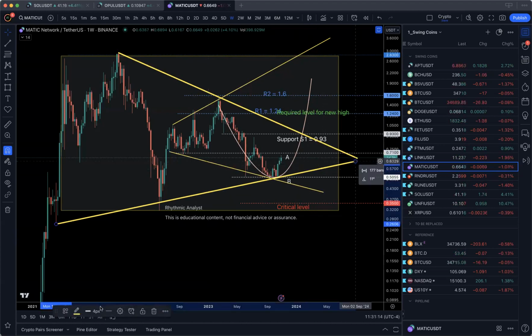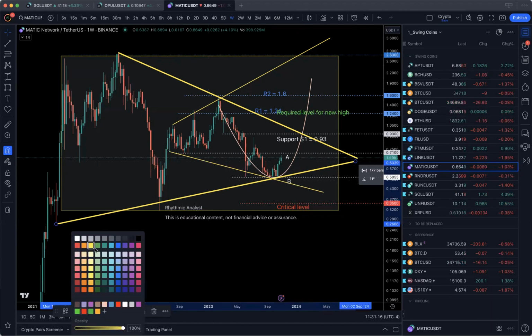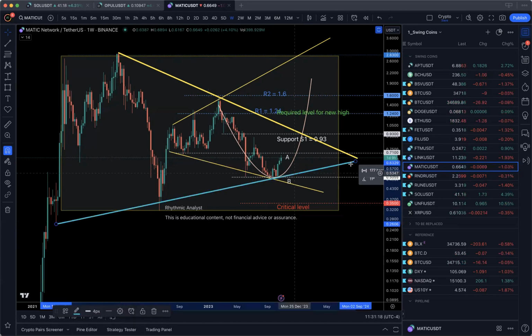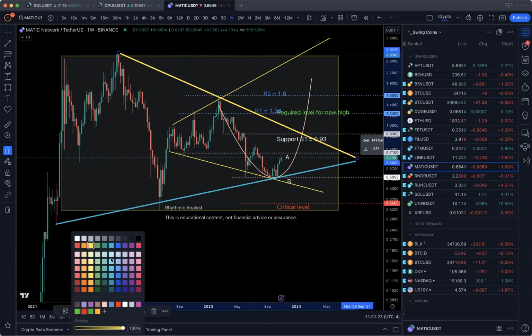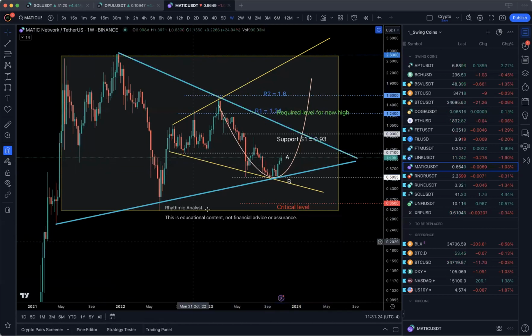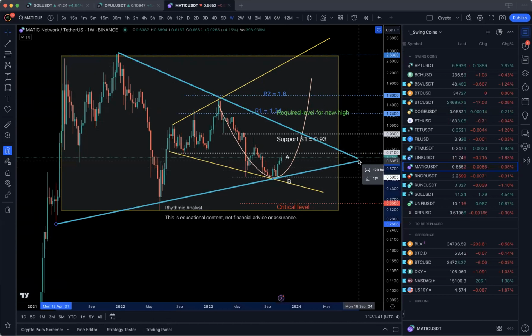I should have a different color. So this pink line is the grandchild, and this yellow pattern, giving us a different pattern where this particular wave is expanding, is a parent, and then this is a grandparent, right?